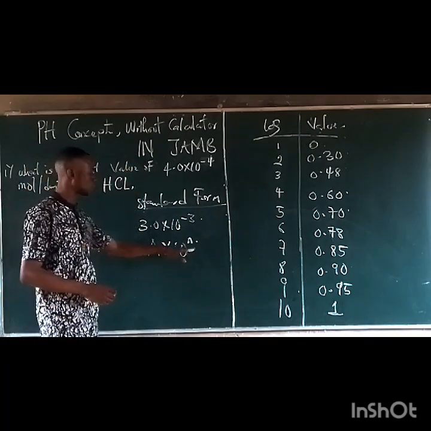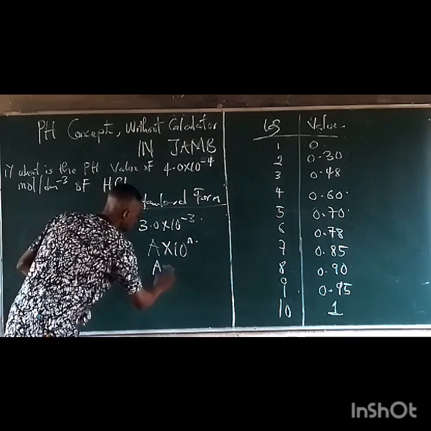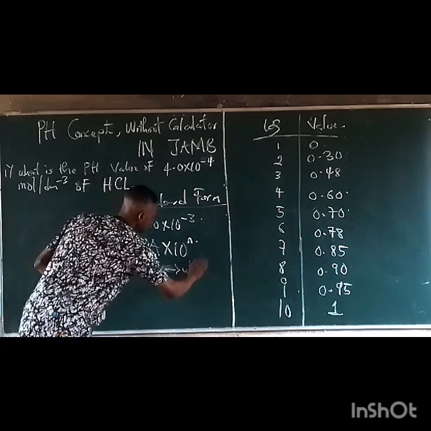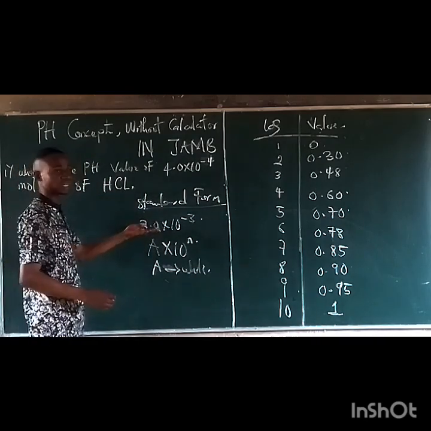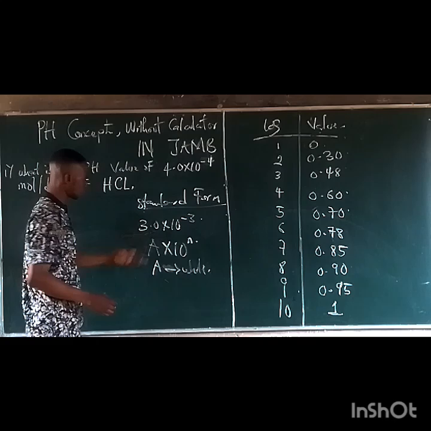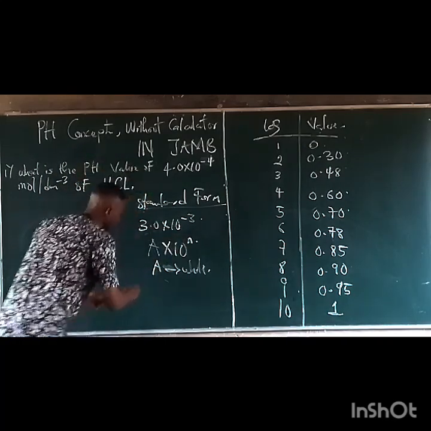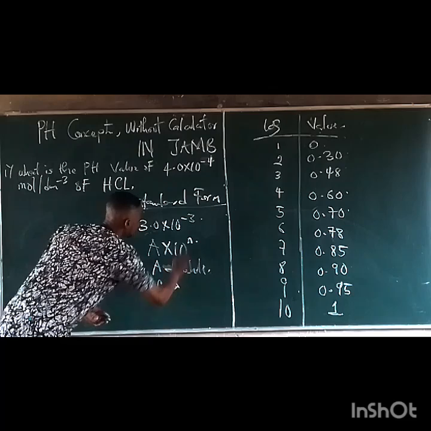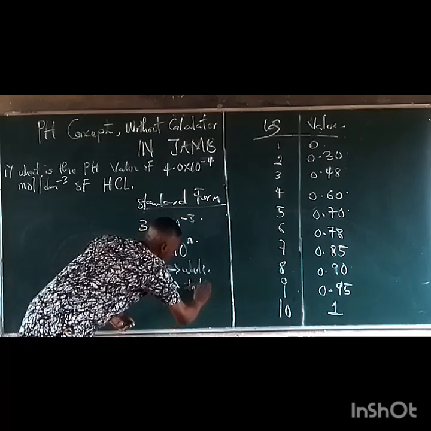This A represents the whole number, that is the value. This N represents the index.